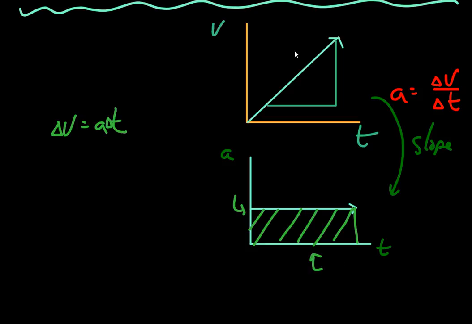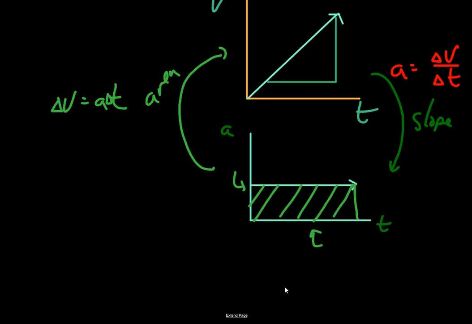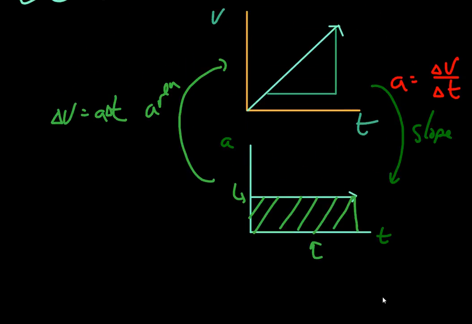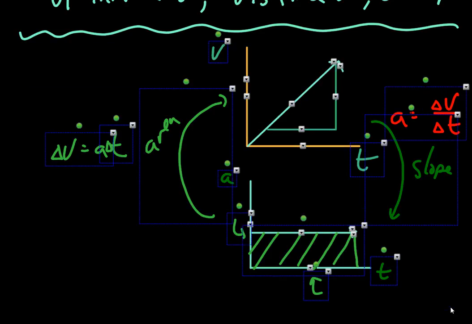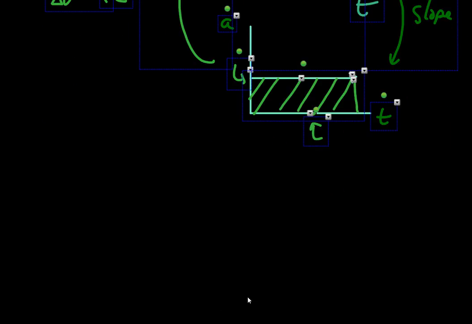So the change in velocity, how much this velocity changes, is going to be the area under that graph. Okay? So now we have a relationship here, and if I grab this stuff and just move it down, see if we can tie it all together into one big scene here.